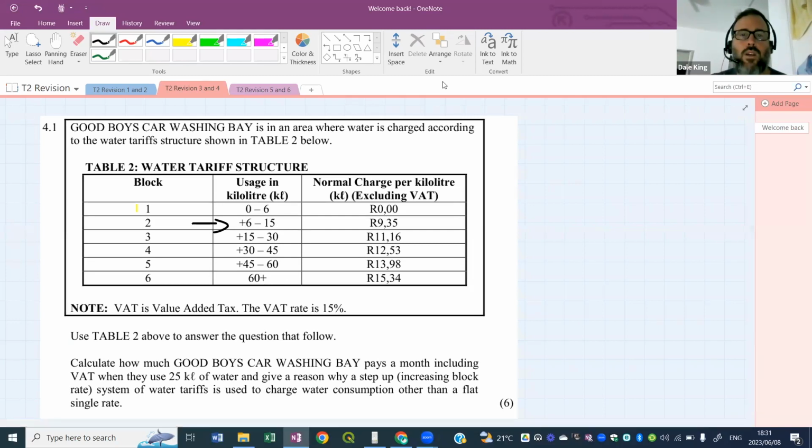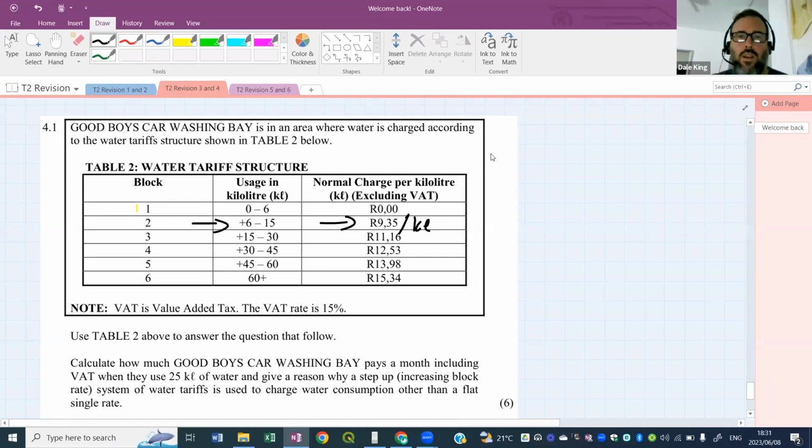If you're in this row and you're using water above 6 kiloliters a month, that water from 6 kiloliters to 15 kiloliters, you are getting charged at 935 per kiloliter. So think of these as per kiloliter rates.